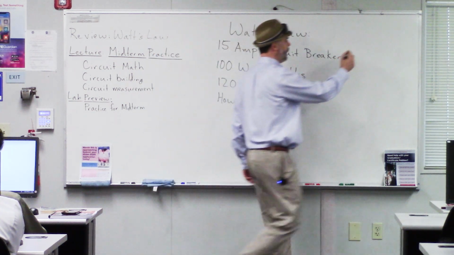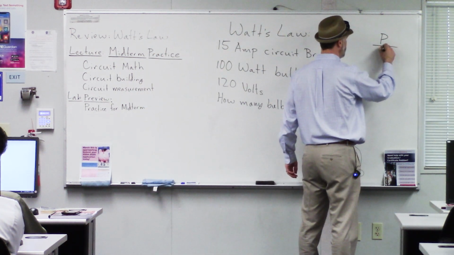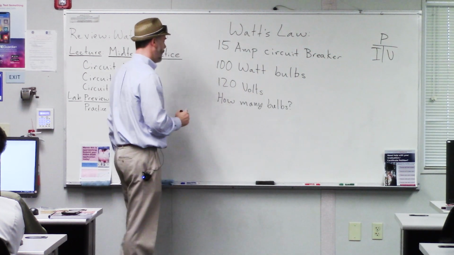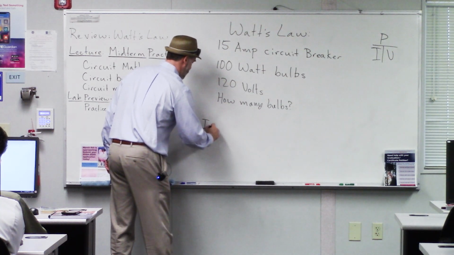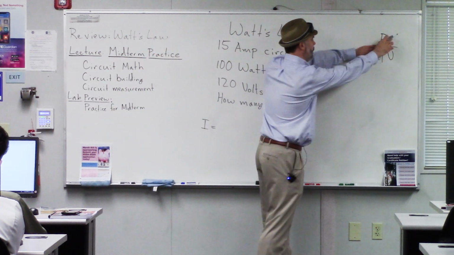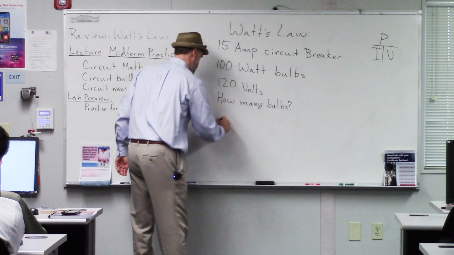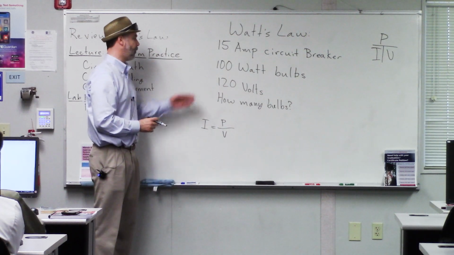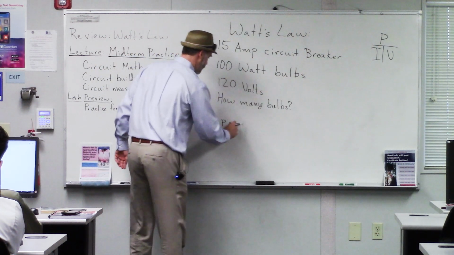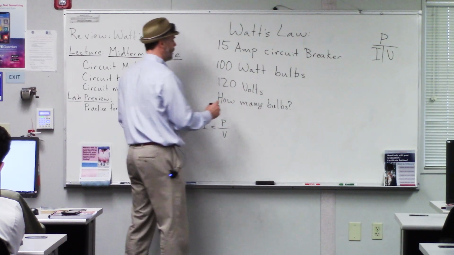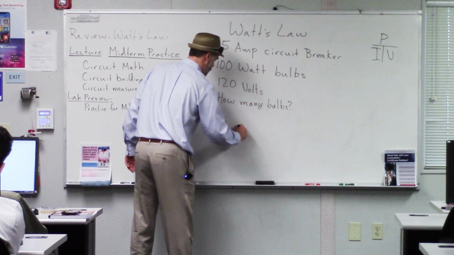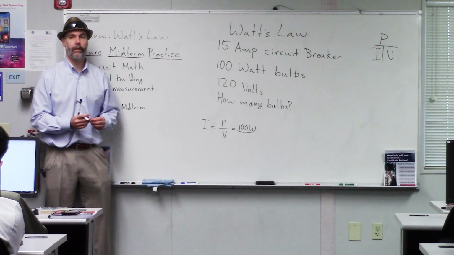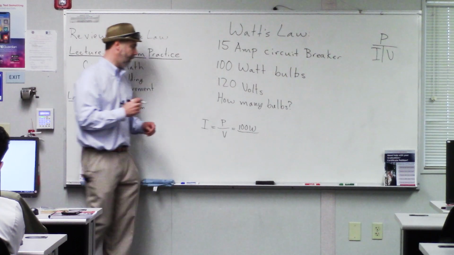So for this, we would need Watt's law. So we know that we've got power, current, and voltage. So here I would write down I equals, and then I would cover that up, and we see that it's P divided by V. So for one bulb, the power would be 100 watts. And what is the voltage for each bulb? 120. 120, yeah.